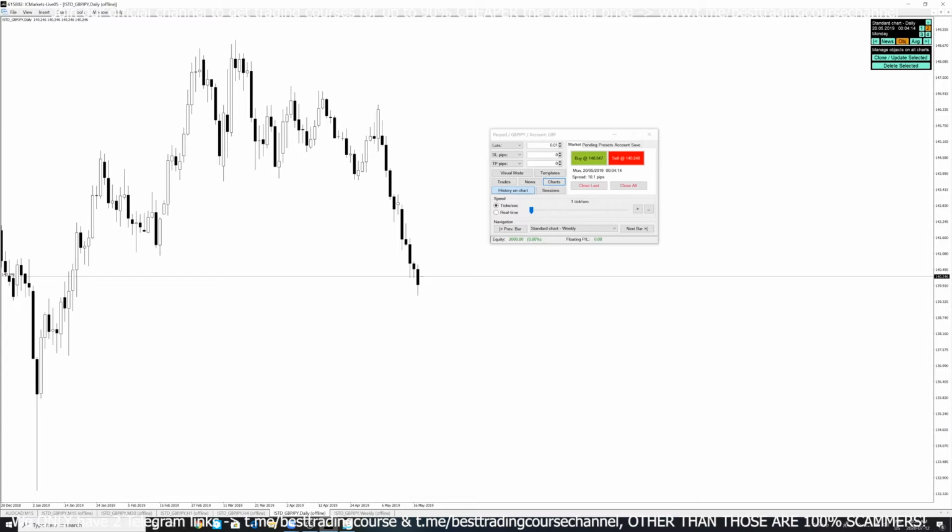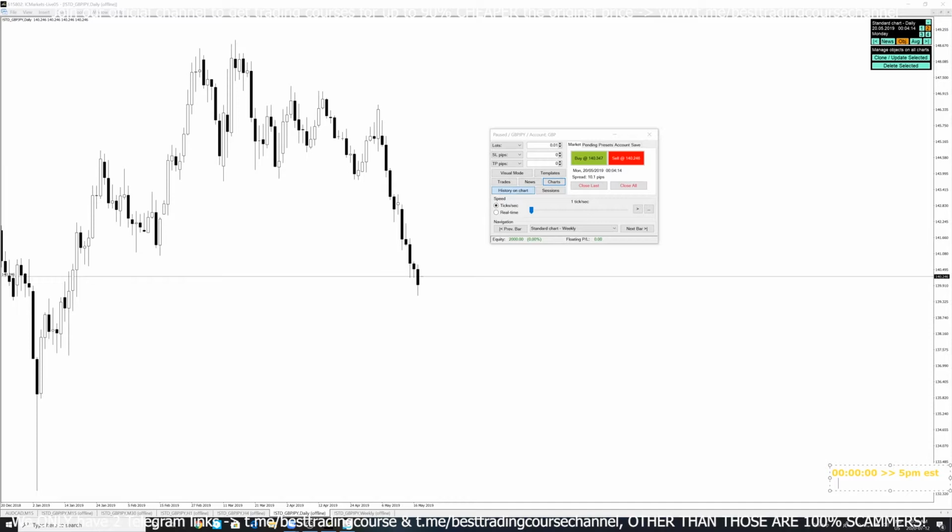What I'm going to do is write down the times here. You see the time right here, it says 0000. I think I'm going to write the time down over here. So 0000 is equal to 5 p.m. Eastern.